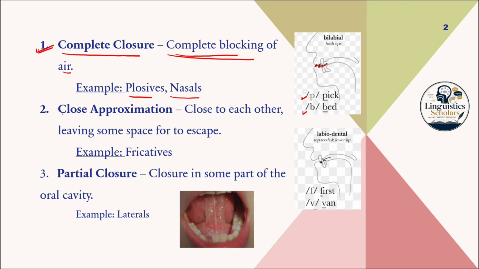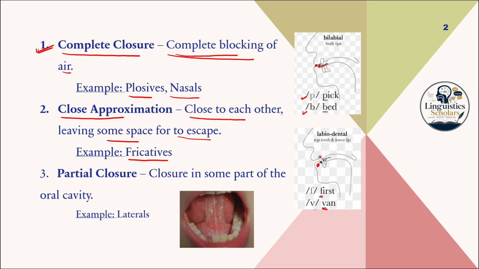Next, we have close approximation. It means that the articulators come close to each other, leaving some space for the air to escape. The examples can be seen in the fricatives. In the production of the words first and van, the first sounds f and v, you bring your lower lip into contact with the upper teeth, but they are not completely blocking the air.